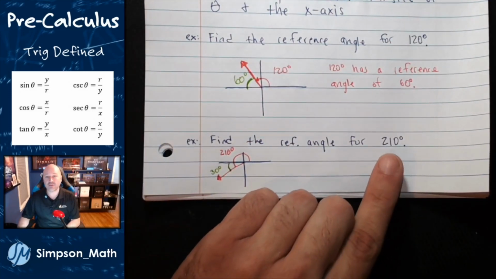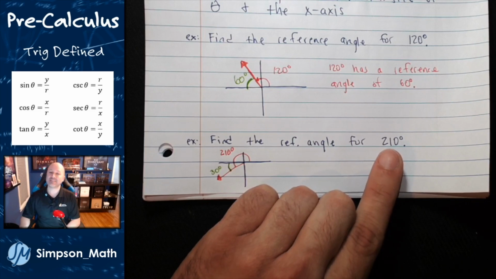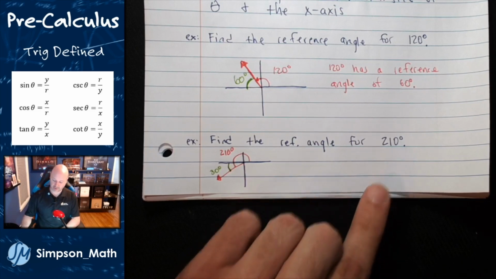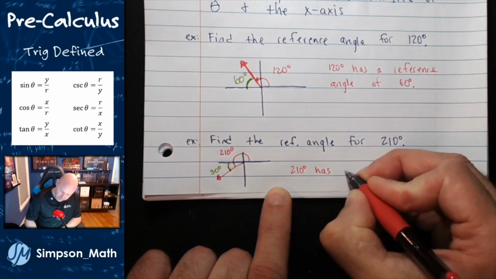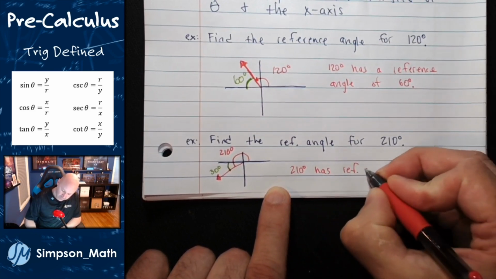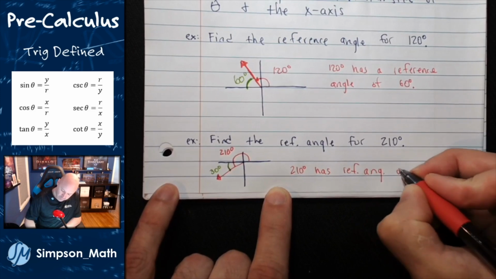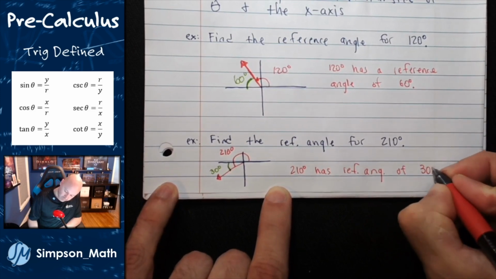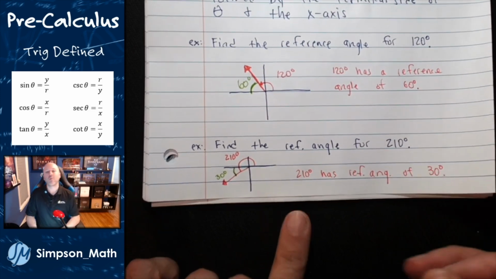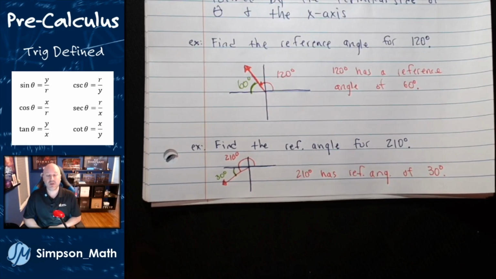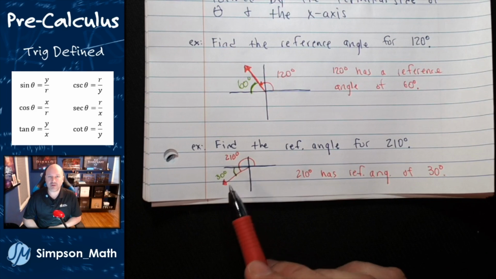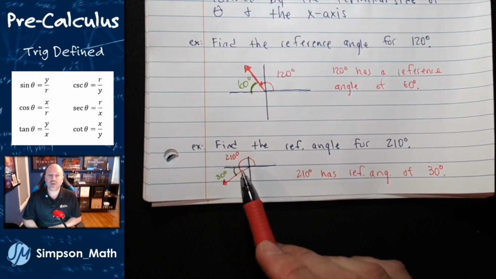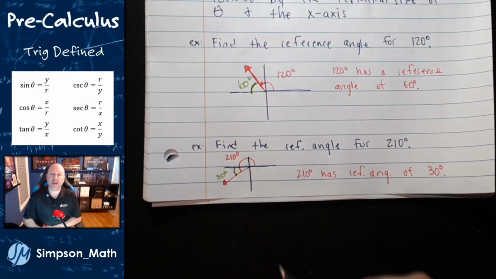So I say 210 degrees has a reference angle of 30 degrees. Once we define the trig functions, we'll see that these large angles, the bigger and bigger they get, we're going to be using reference angles when we're actually evaluating these trig functions.